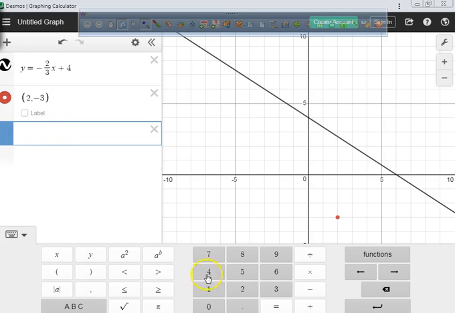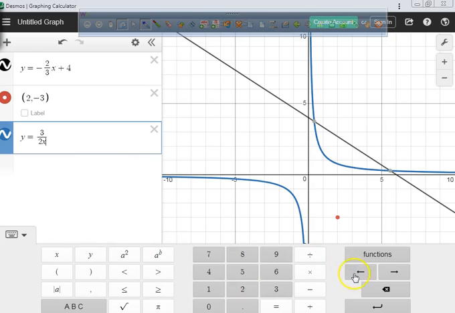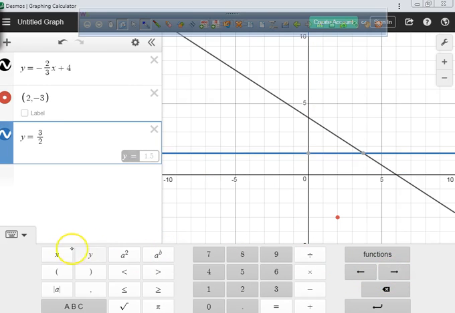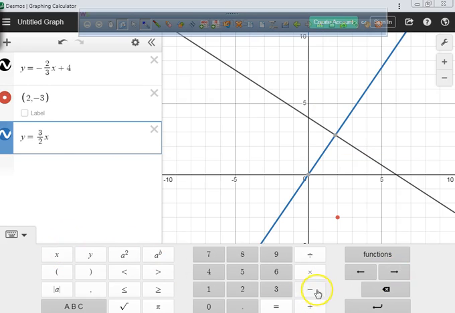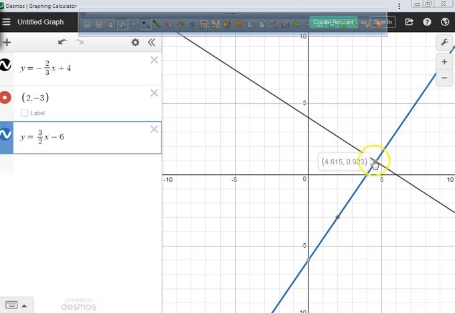And then I'm going to type in my final answer, which was y equals 3 divided by 2 x minus 6. Oops, I put the x in the wrong place. Delete that. And you'll notice it goes straight through that point, and it's perpendicular. It forms a right angle with the other line.